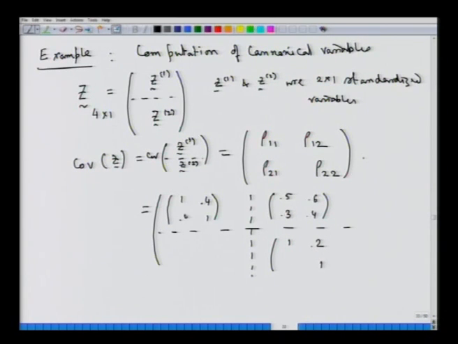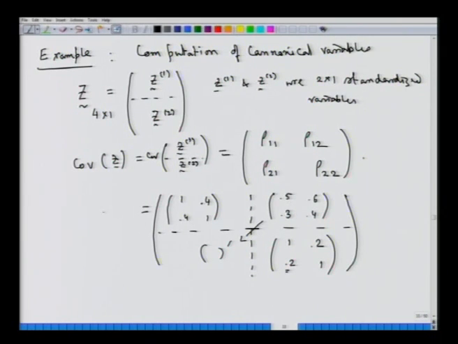Well, this is a symmetric matrix. However, this one is not a symmetric matrix, that is why it is required to write all the elements here. We can ignore writing this particular block here, because that is the transpose of this matrix here, right.